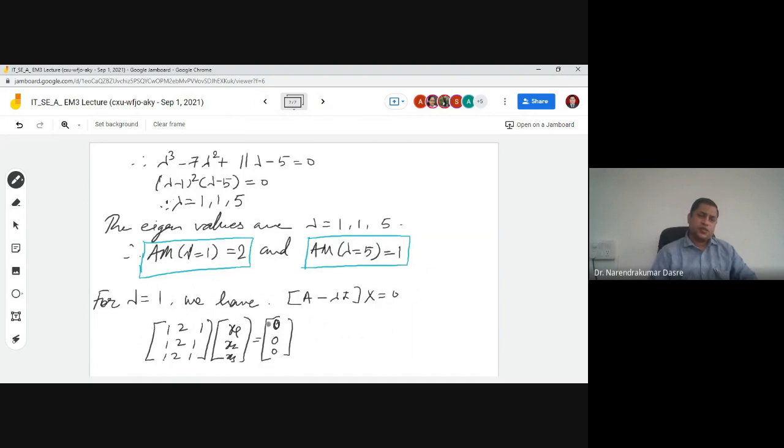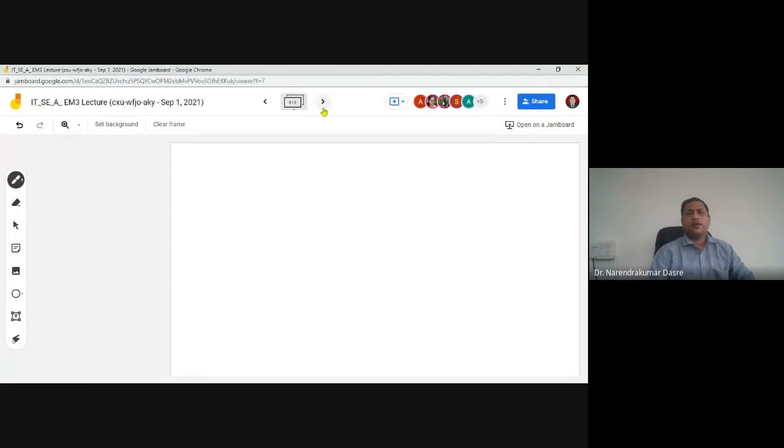So the first equation is 1 2 1, second equation is 1 2 1, third equation is 1 2 1. So how many distinct equations we have? One. We have only one distinct equation. So we can say we have x1 plus 2x2 plus x3 is equal to 0.